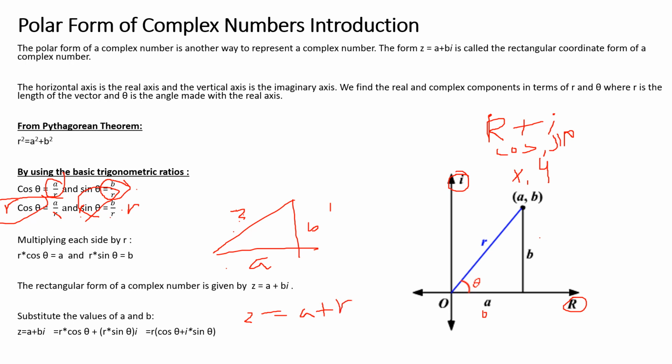And I should actually rewrite that as z equals, remember, I already did this, the radius times the cosine of theta plus the radius times the sine of theta.